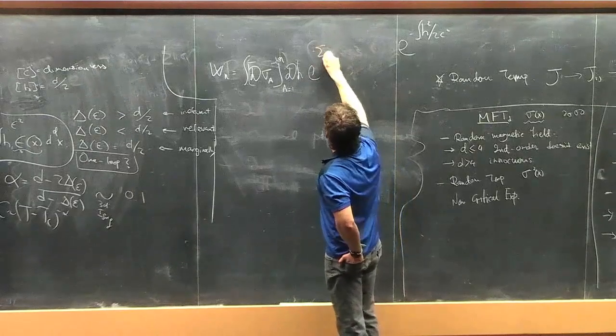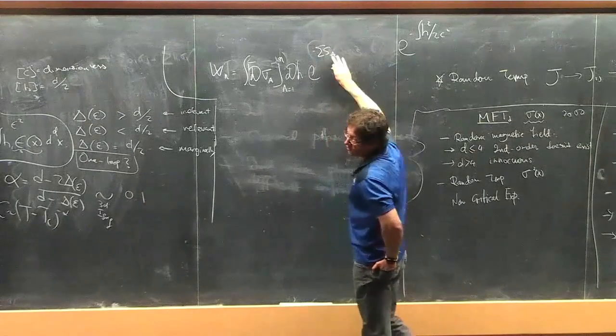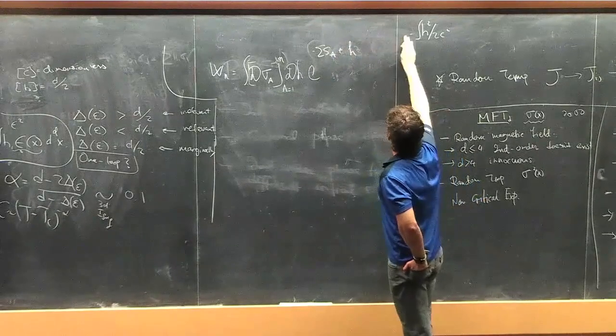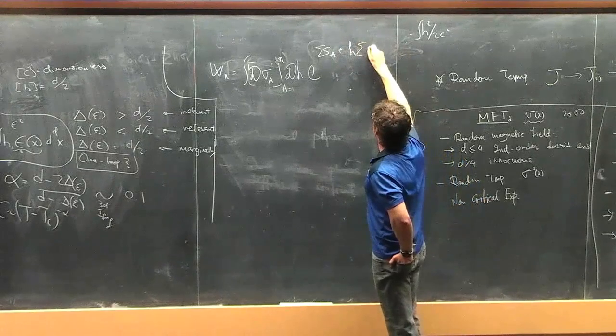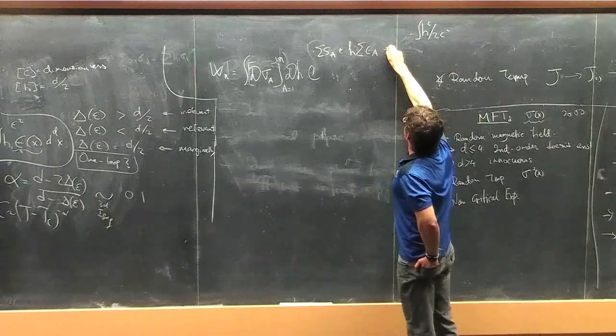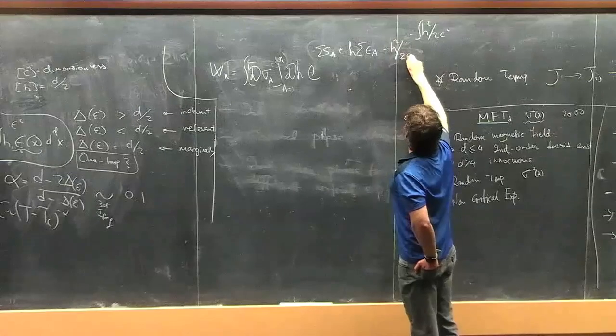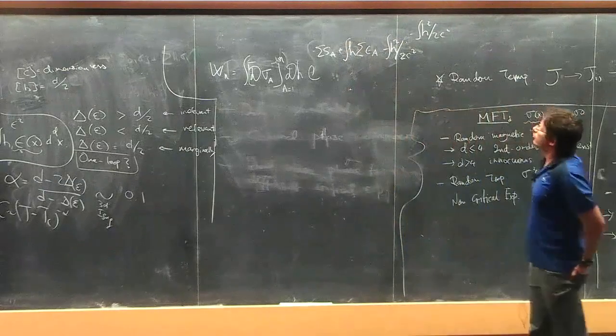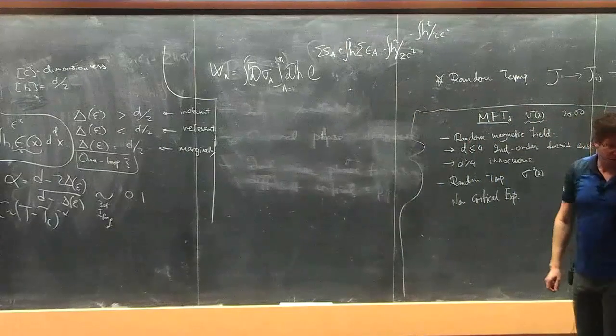So now it's a standard action principle. You have n copies of the Ising model completely decoupled. They all talk to the same external random field, but they're still completely decoupled. And then there's h squared over 2c squared. Okay? So this is Wn. It's a standard quantum field theory.